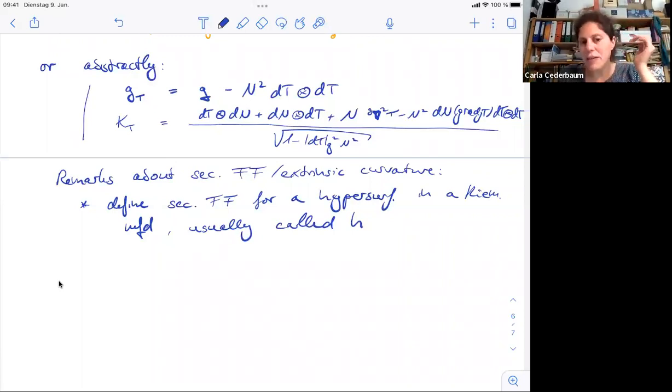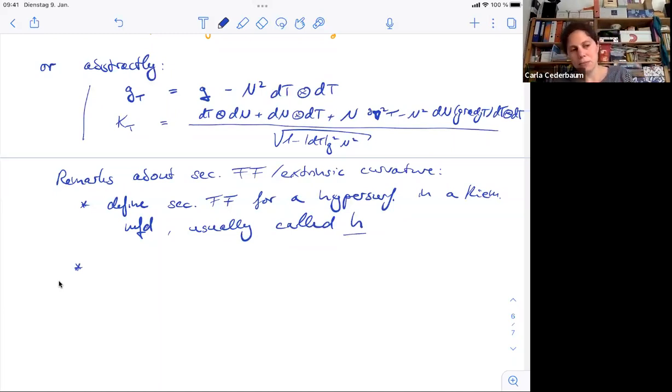I did not, but the same formula for the definition of the second fundamental form, as the rate of change of the normal vector in tangential directions, gives you the standard definition of the second fundamental form, aka extrinsic curvature, for a hypersurface in a Riemannian manifold. And then we don't use the letter capital K, but we usually use the letter little h in the math literature for that. But the ideas and the geometry and the intuition about it are exactly the same.